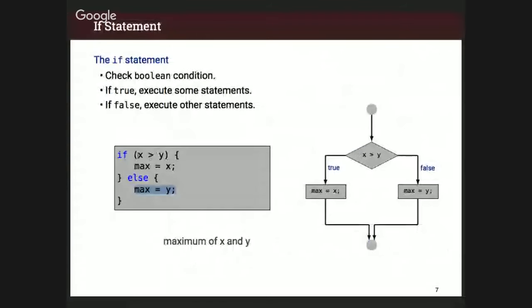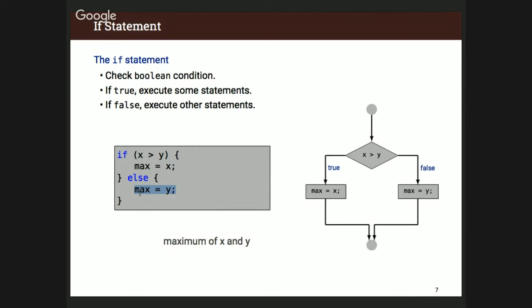X is not greater than y, so it'll jump to the false statements and it'll put y in max. Now max contains, let's say, 5. Y is 5, and max contains 5. But x is also 5, so that's fine. Max is still the maximum value of x and y. If they're equal, this still all works fine.